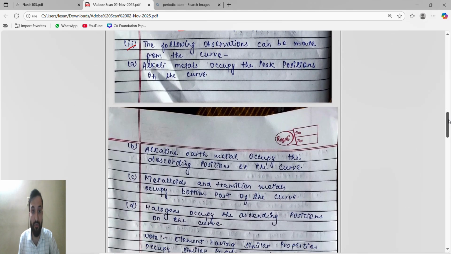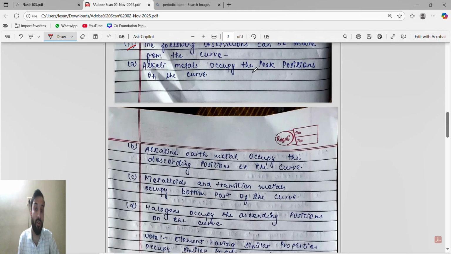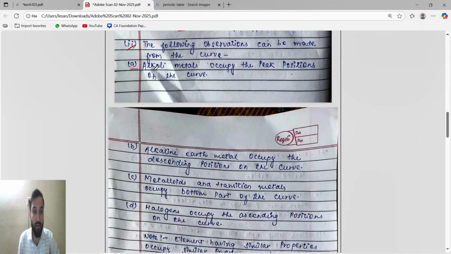Then second thing, the following observations can be made from the curve. After making the curve we are getting the following observations. What are the observations? First observation is alkali metals occupy the peak position. Remember the position. Bhaiya, position is important. In exam they will ask the position. Because whenever you write any examination, they will ask you the rank, position.